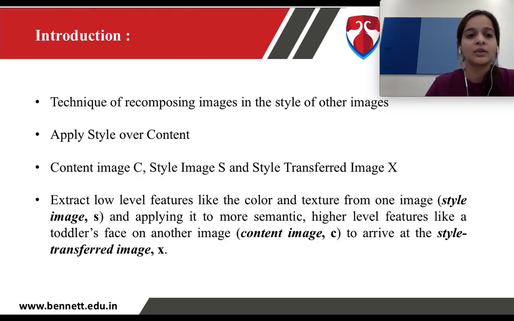Okay? So first of all, what is art generation? Basically, it's a process of recomposing the style of one image onto the content of another image. Suppose we have two images.